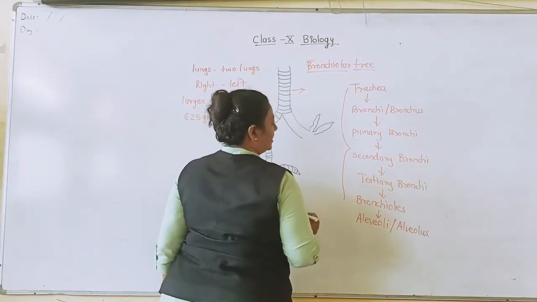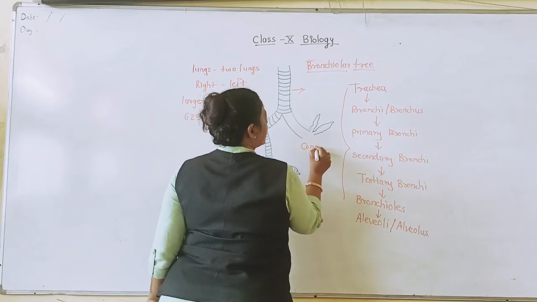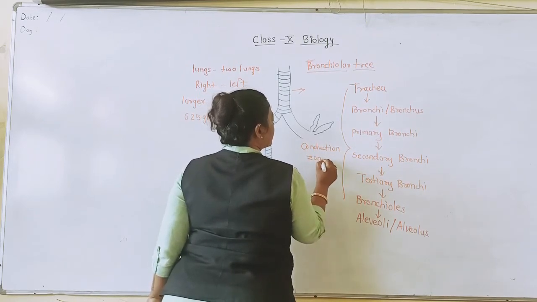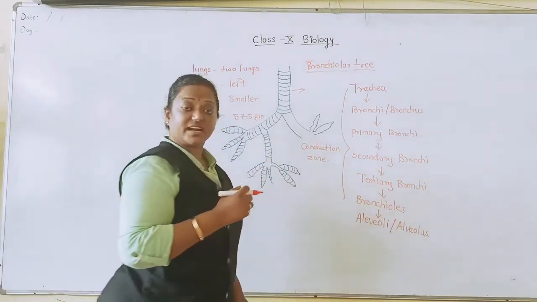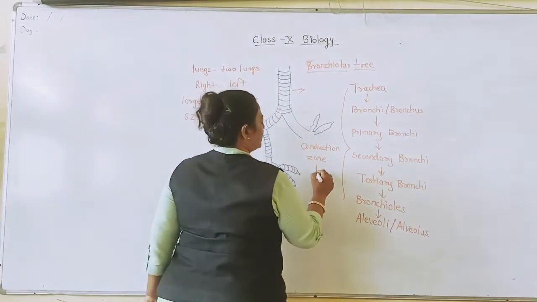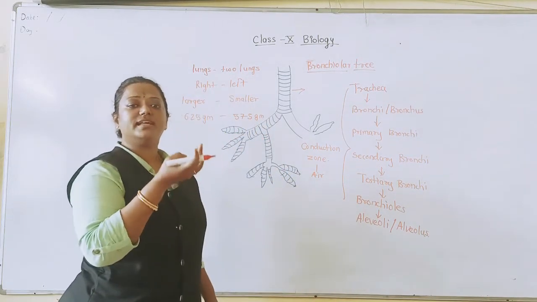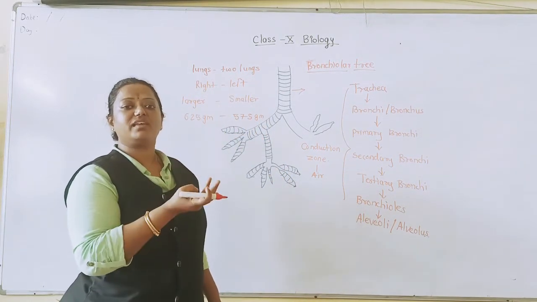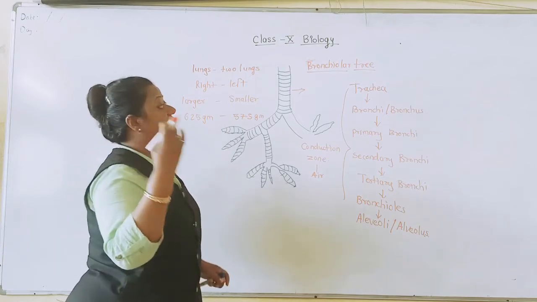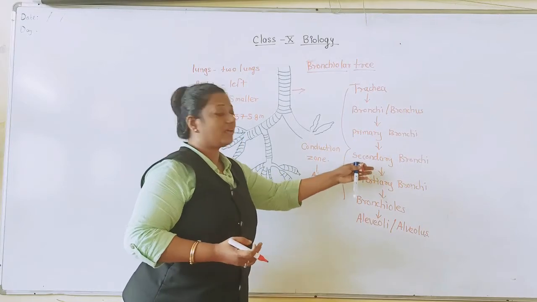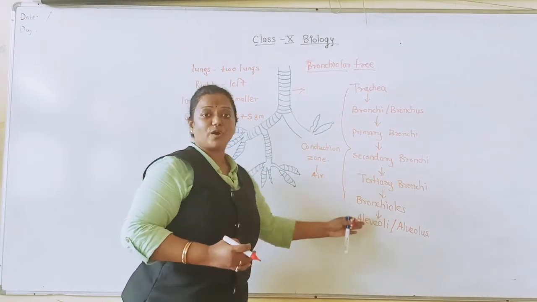In this whole bronchiolar tree, this part is called what? Conduction zone. What is conducted here? Air is conducted, right? Air passes from the nostril, then nasal passage, then pharynx, then larynx, then trachea, then bronchi, then primary, secondary, tertiary, bronchioles.